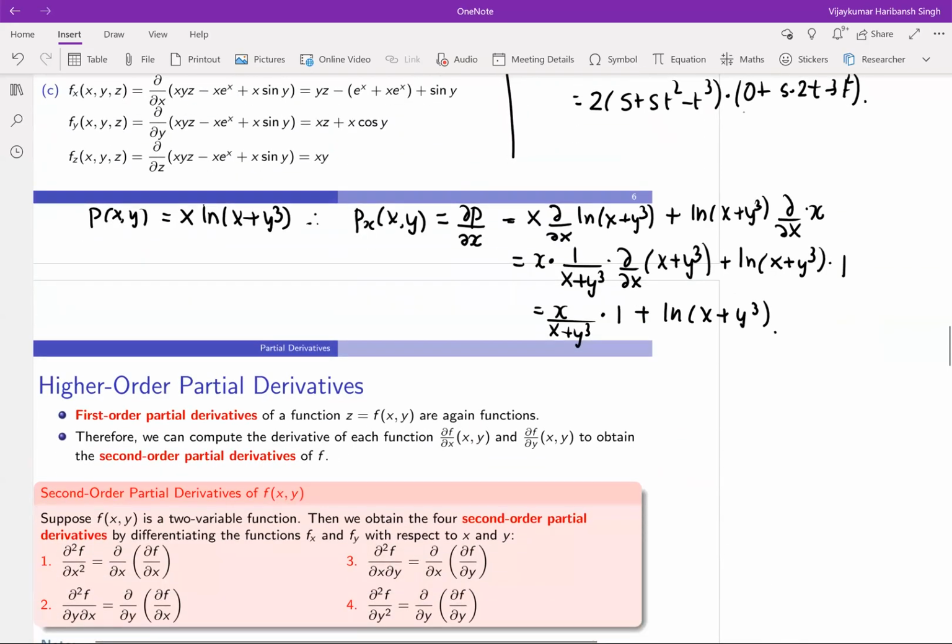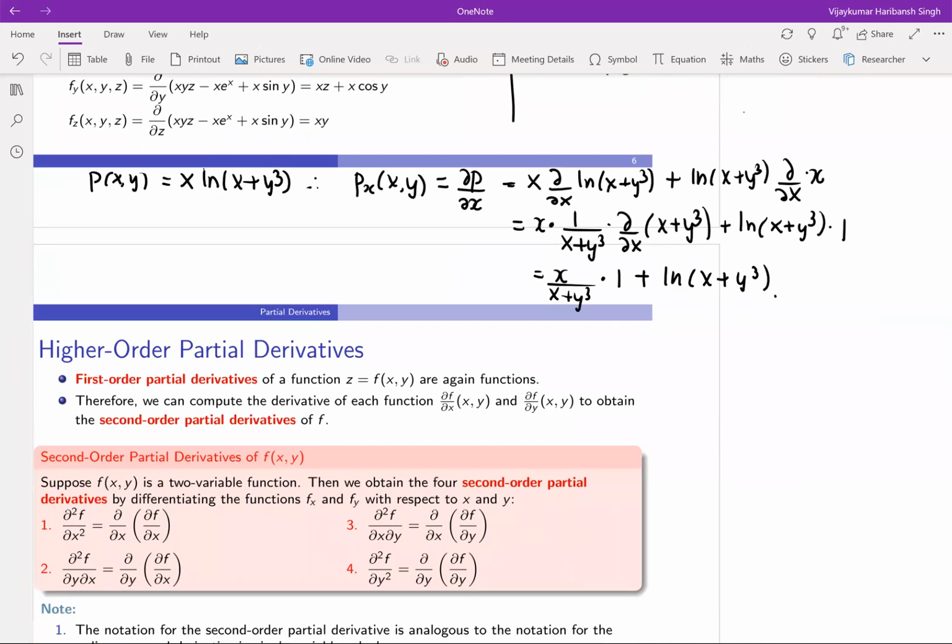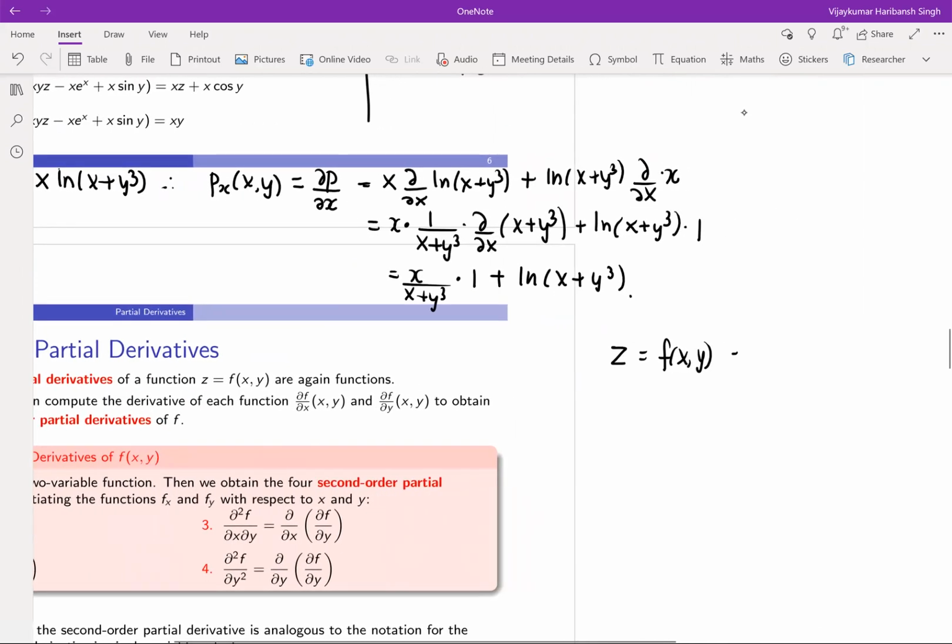Okay, again. So coming back to the first order, so we have z. Let's take z equals f(x,y), which is the same as x square plus y square plus 2xy, suppose. Now, what is the partial derivative of z with respect to x? Let me use both the notations.